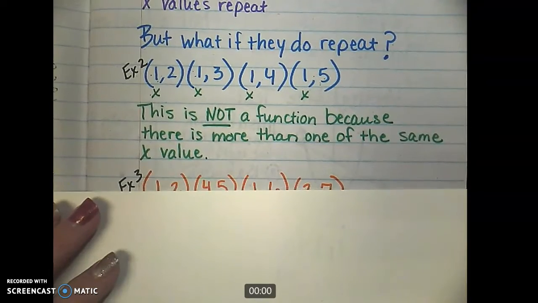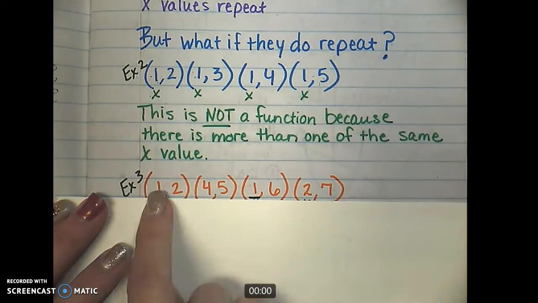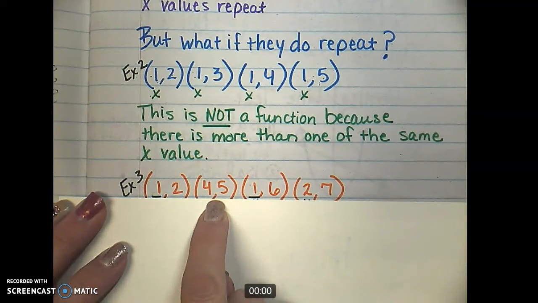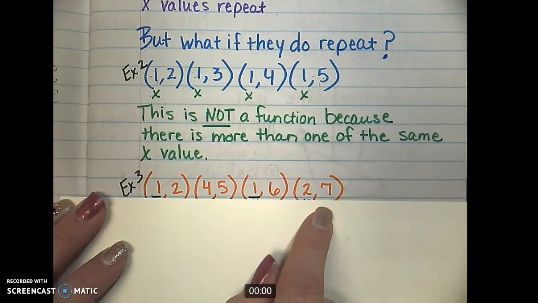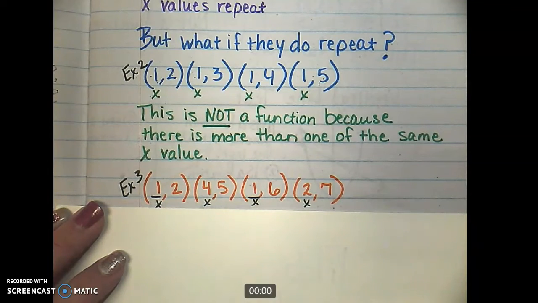Alright, now we have one more example here. We have 1, 2, 4, 5, 1, 6, 2, 7. And then we take a look at the x values. Notice I haven't said anything about y values yet.